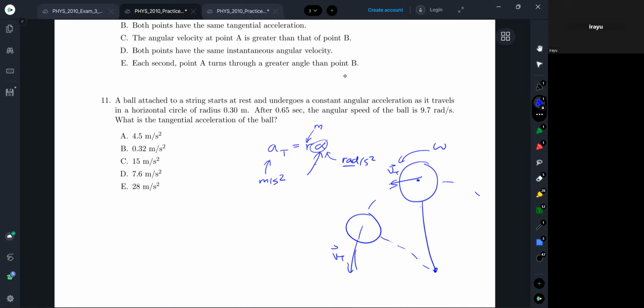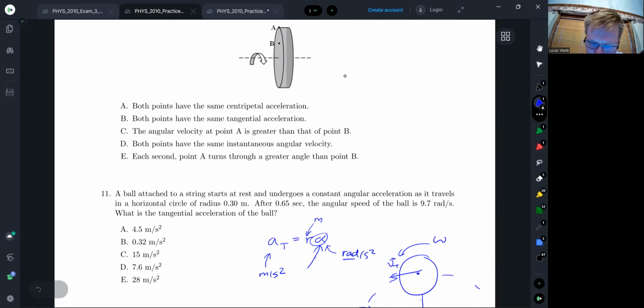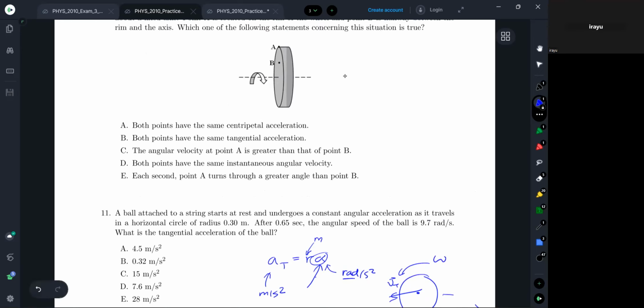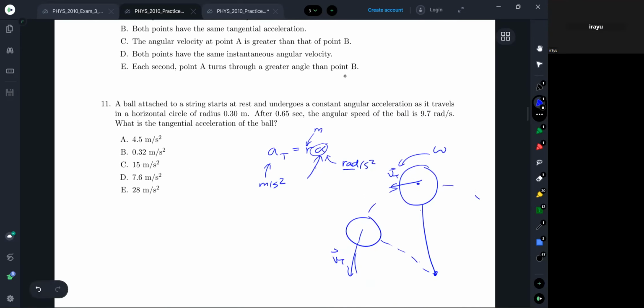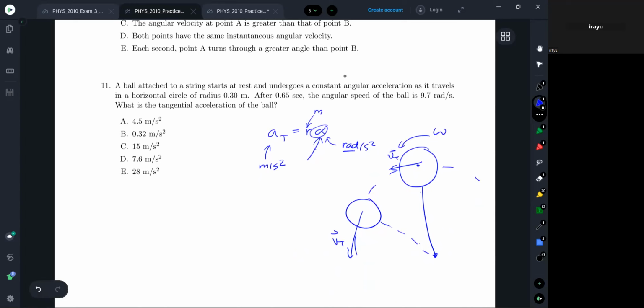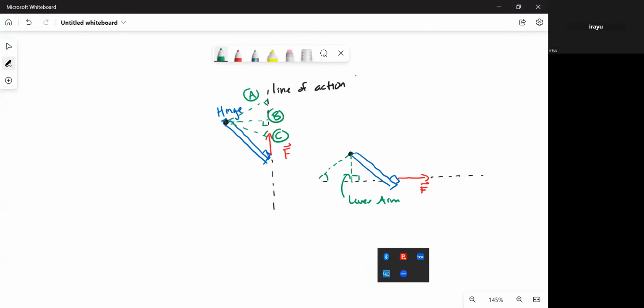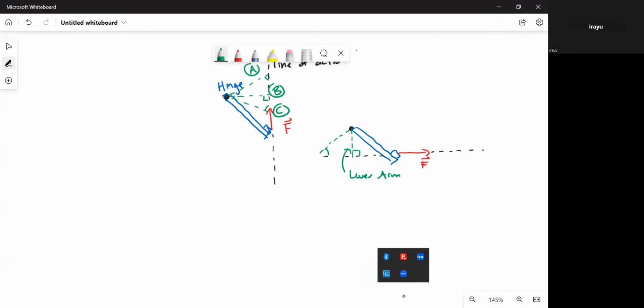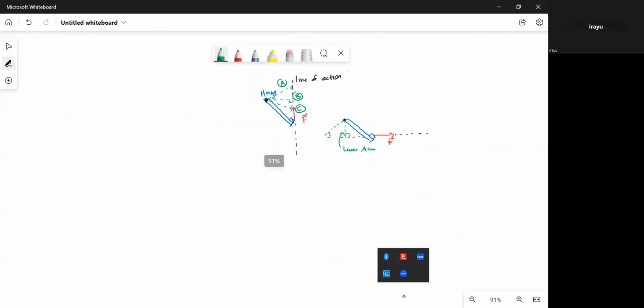I have a conceptual question, practice, chapter 9. The first question says, the drawing shows an overhead view of a horizontal bar that is free to rotate about an axis perpendicular to the page.